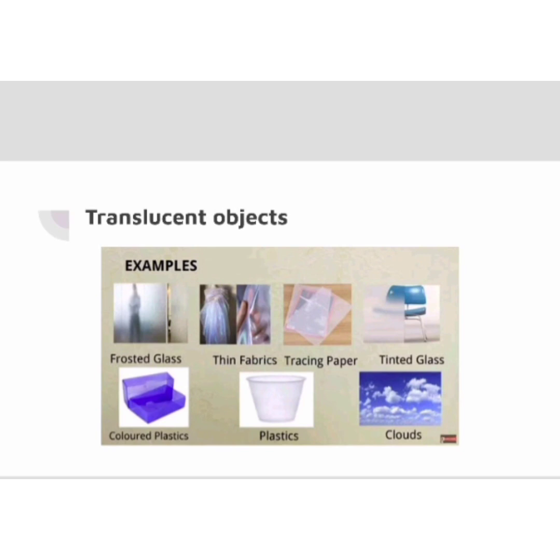Okay. Next we move on to translucent objects. Let us do one activity to make this clear. Take a sheet of paper and look through it towards a lighted bulb. We can see the light clearly, right?